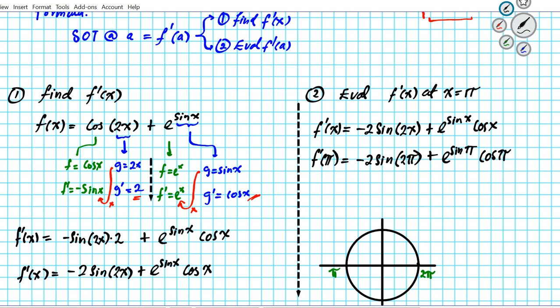The coordinates here, this is the unit circle. Basically, the radius is a unit, okay? So it's 1, 0. And then over here, it's negative 1, 0. So as we know from the unit circle, the y coordinate is sine, and the x coordinate is cosine.